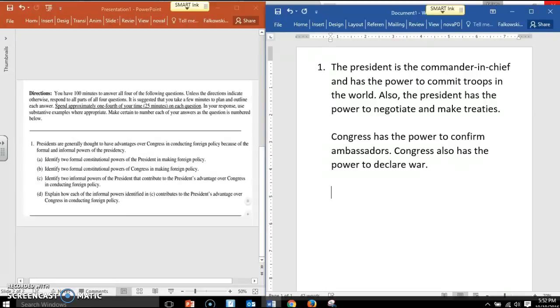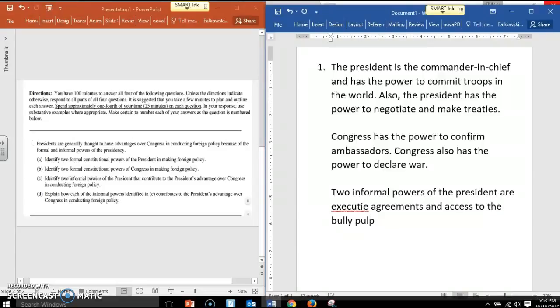Identify 2 informal powers of the President that contribute to the President's advantage over Congress in conducting foreign policy. 2 informal powers of the President are executive agreements and access to the bully pulpit.